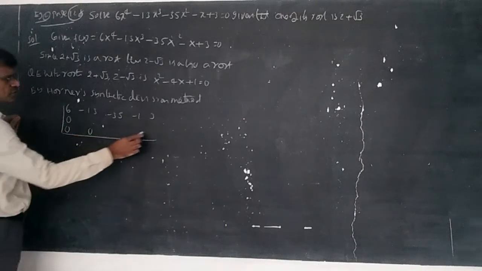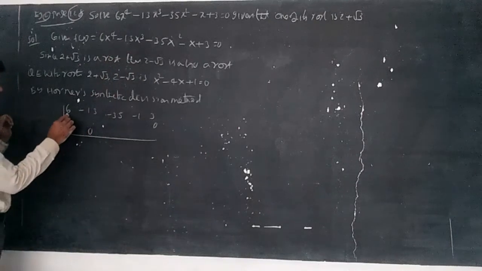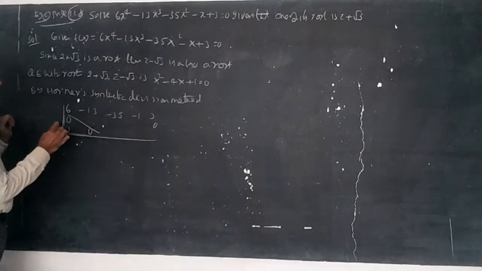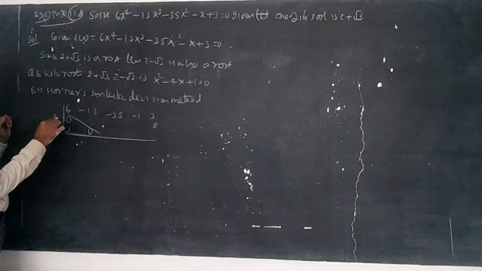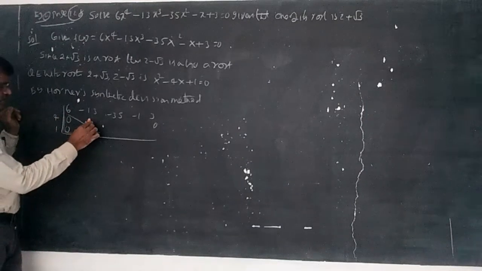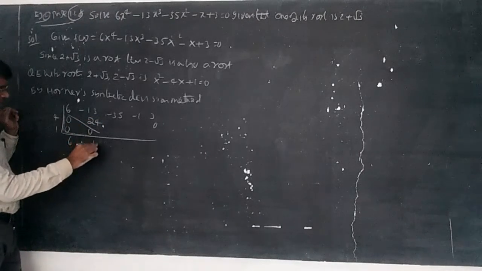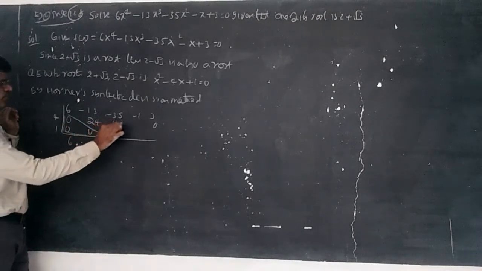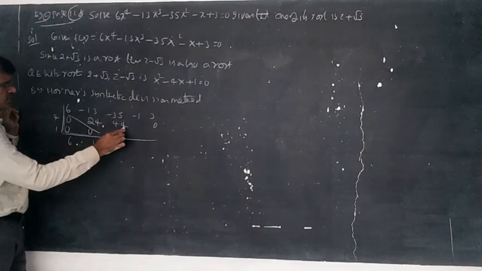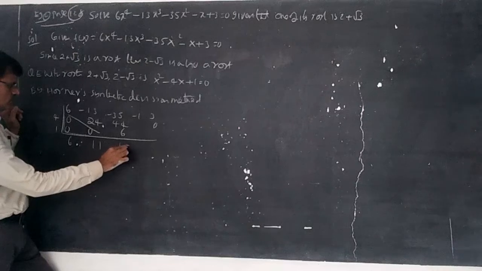Put here 0, 0, 0. Quotient 4, 3, 2, 1, constant, in the proper way. Put here this is 4 and this is 1. So 6, add here 6, this 6 for the 24. Right here this is 11. 11 4s are 44 and 6 1s are 6. 44 plus 6 is 50, 50 minus 35 becomes 15.